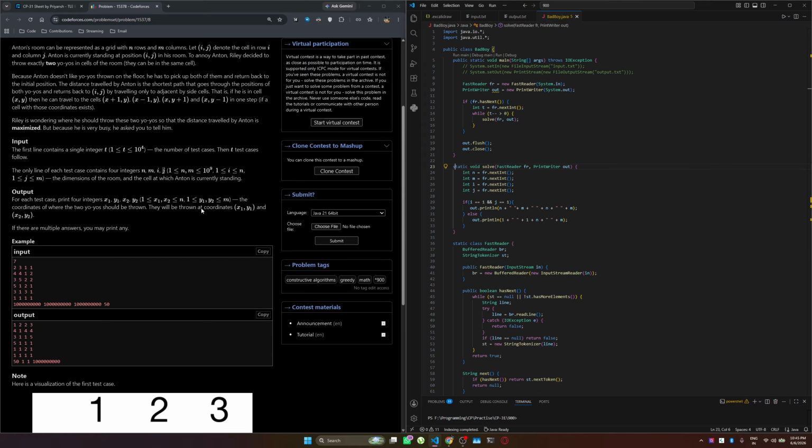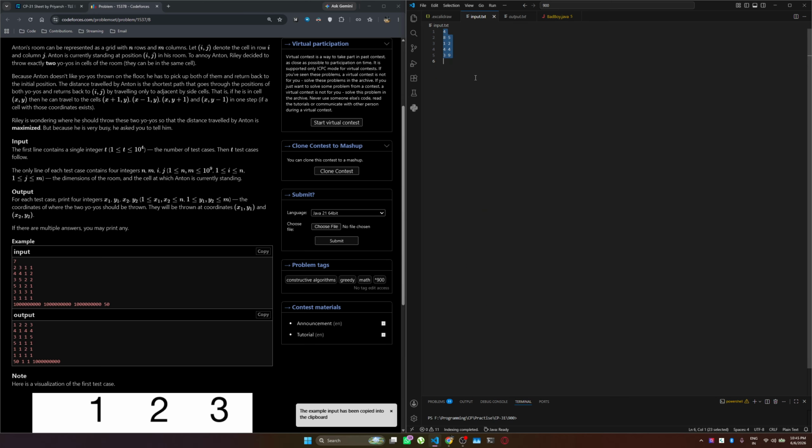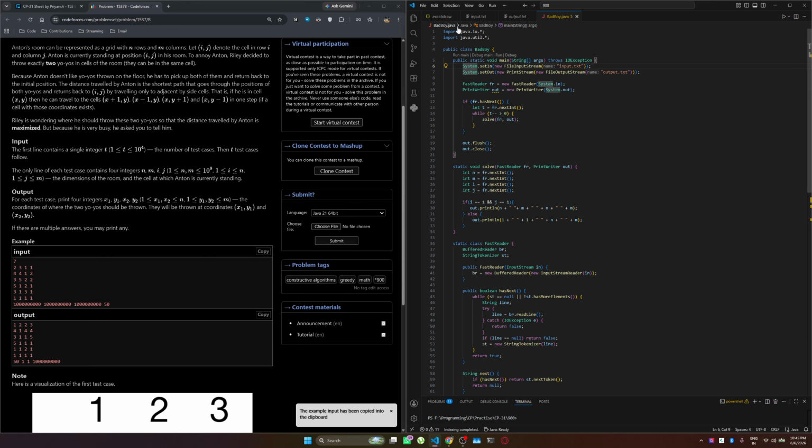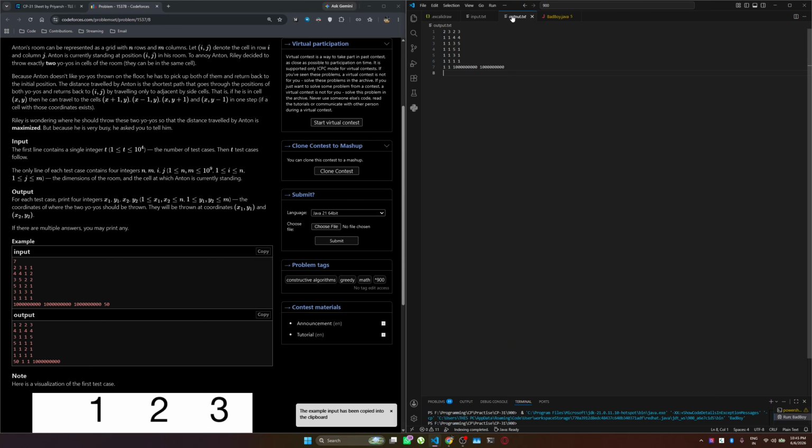Oh, there should be a space here. There we go. I mean, I don't know if there's a point. I mean, there is a point. We need to check if there are no runtime errors or compile time errors.